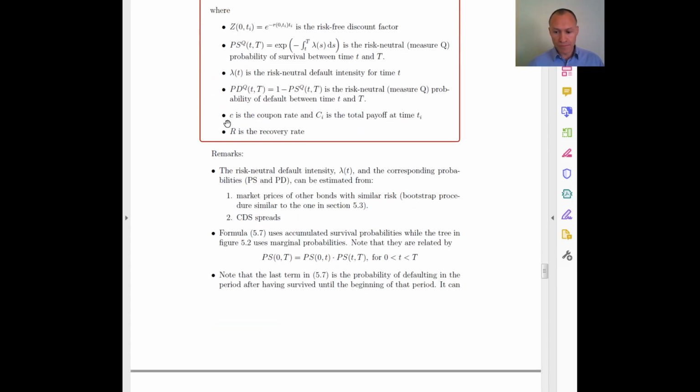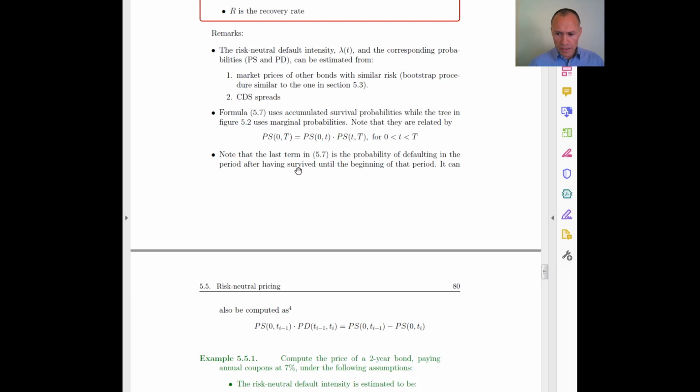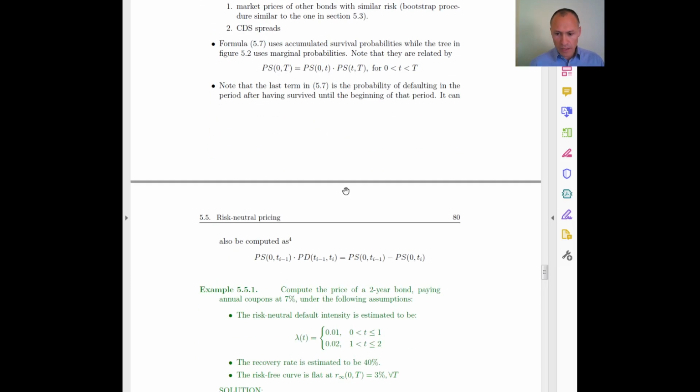Okay. Some notes here. Please read through this. This explains how some of these probabilities are computed. So, for example, the probability of surviving between 0 and a very long distance can be broken in these two intermediate steps. Okay, and then this part here is the probability of surviving up to the beginning of one period and then defaulting over that year.